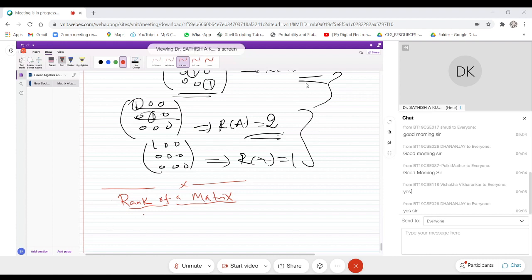Okay, so for any given matrix, we'll try to find the row echelon form, a row reduced echelon form. The number of non-zero rows in that row echelon form is called the rank of a matrix.